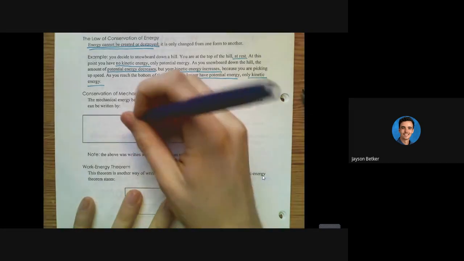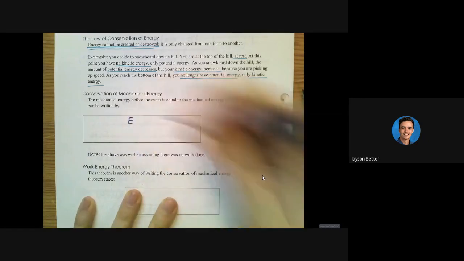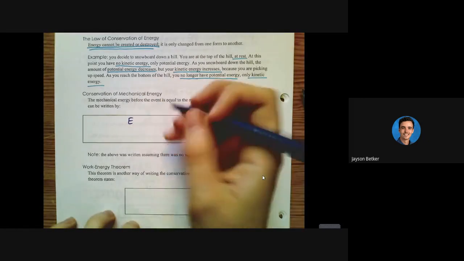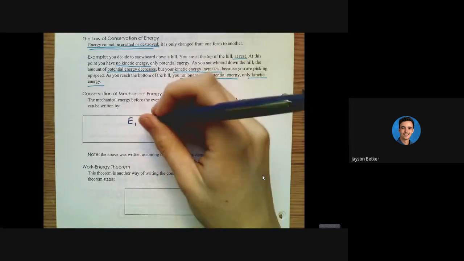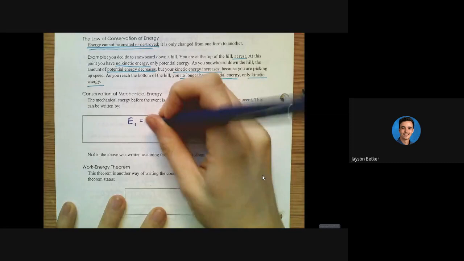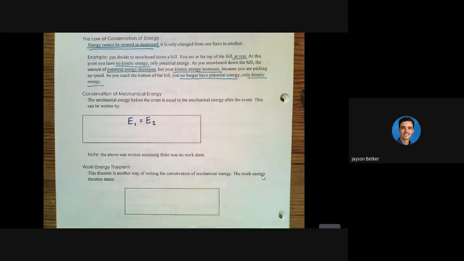And it can be written as follows. We don't have to use any sort of subscript or prefix. We just have the letter E. And I'm going to use E1 to represent energy before and E2 to represent energy after. So E1 is equal to E2.